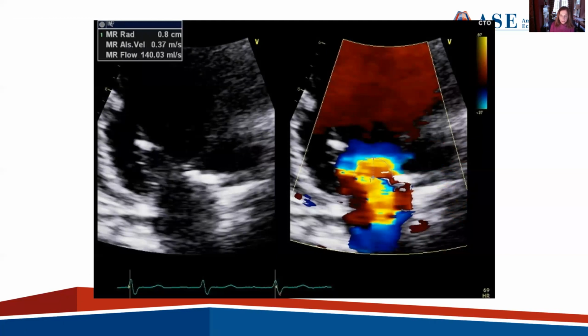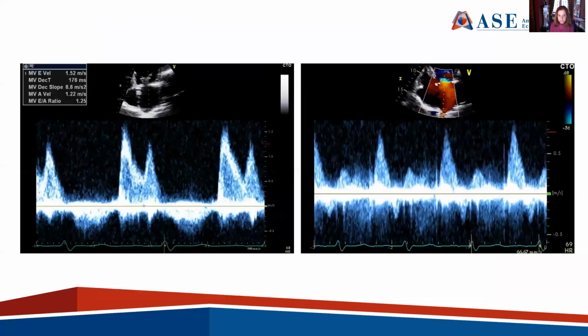And when we do our PISA calculation, we find an effective regurgitant orifice area of 0.32 centimeters squared, which technically is moderate, but keep in mind that in functional mitral regurgitation, the PISA hemisphere is often shaped like a concentric configuration or crescent configuration rather than a sphere. And that often underestimates the effective regurgitant orifice area.